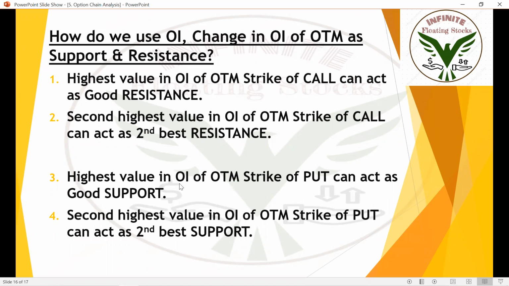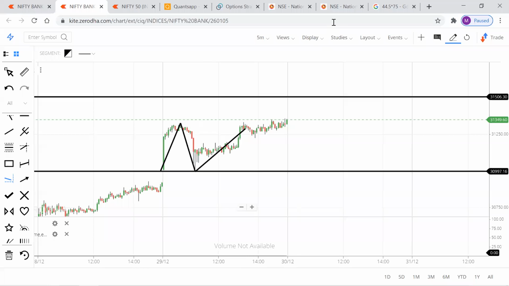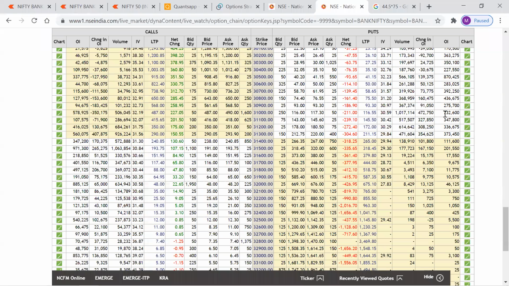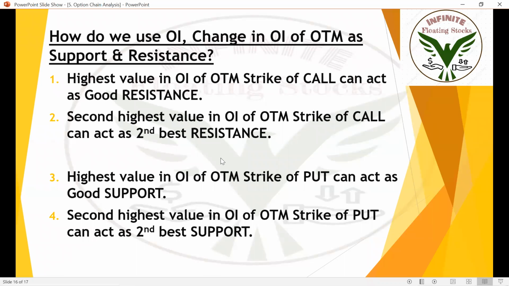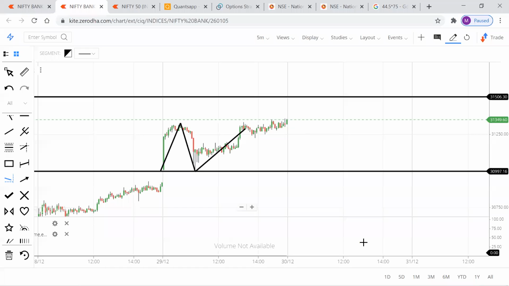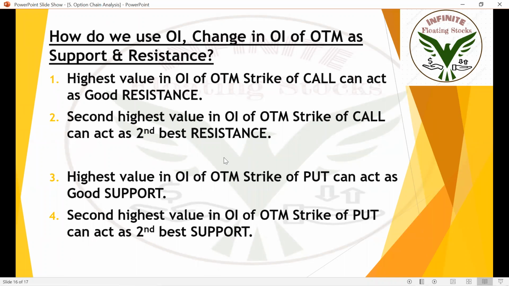The highest value in OI is 7,32,000 on the put side of out of the money. What's that strike? 31,000. So 31,000 here is acting as support. That's what I have written.